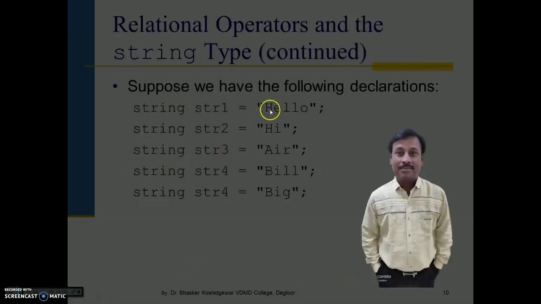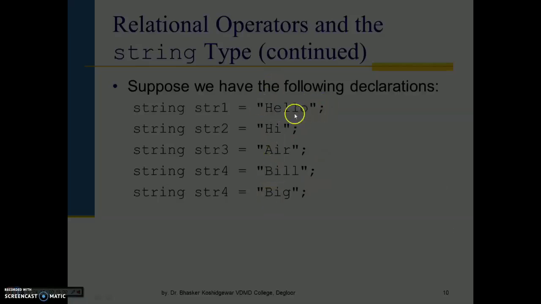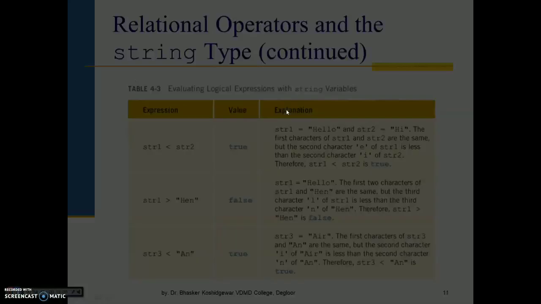These are strings, and a string is always enclosed in double quotation marks: hello, hi, here, bill, big. Here we have to compare string 1 and string 2. If string 1 is less than string 2, the expression is true.